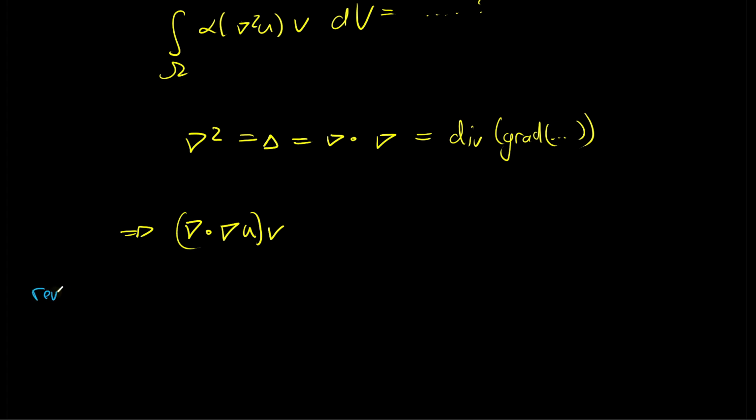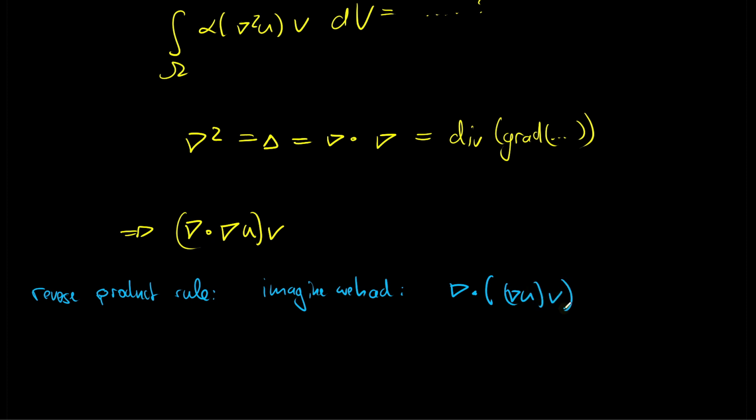So now we will use the reverse product rule, and for this we will come up with a quantity to which we apply the product rule, and then we are going to identify this one such that we can find an equal expression for this. For this, imagine we had the following expression: the divergence of the gradient of u multiplied with v.